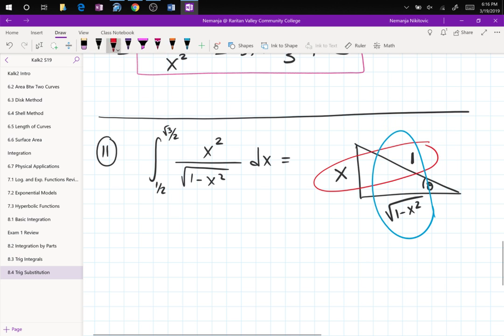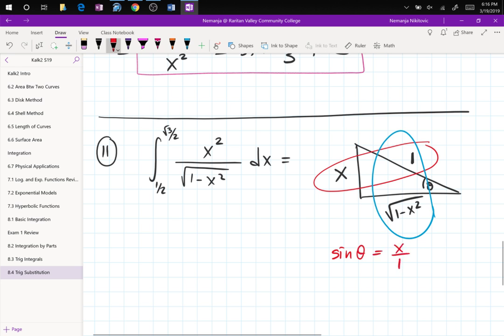Now I have my red. For red, I am using opposite and hypotenuse, which is sine. I need you to sing that faster and synchronized. So we have sine theta is equal to x over 1.